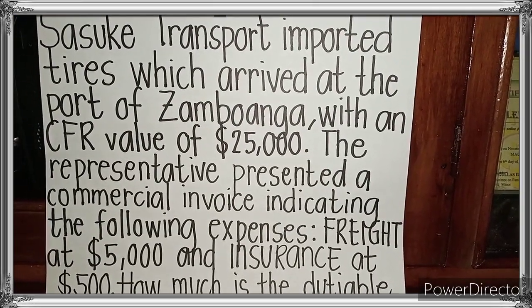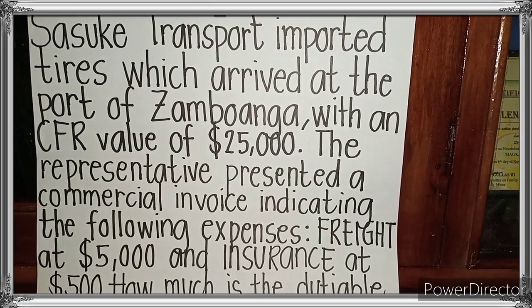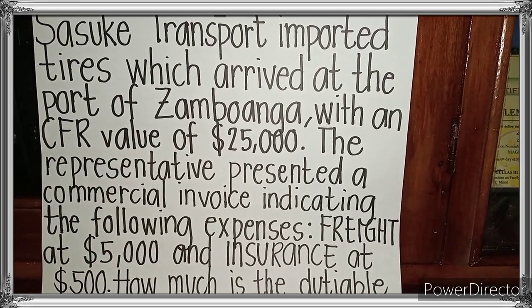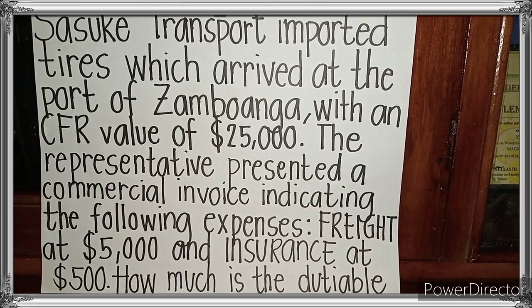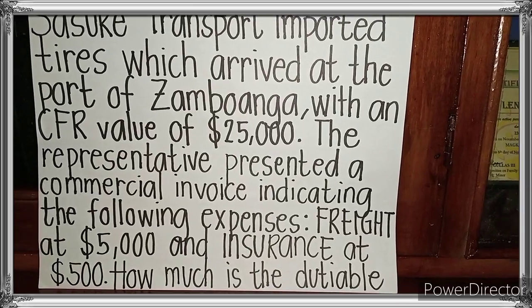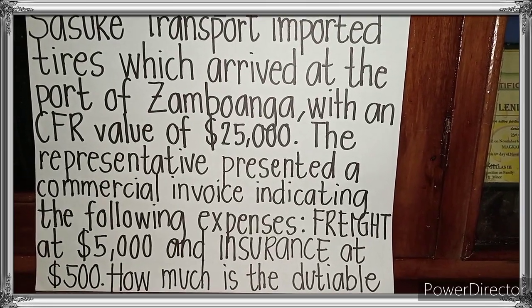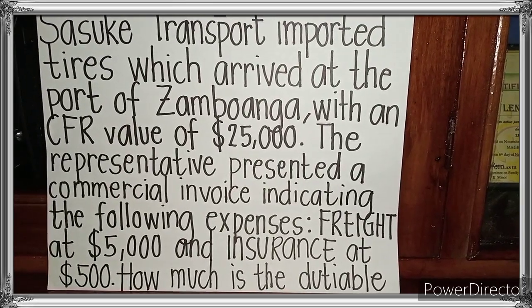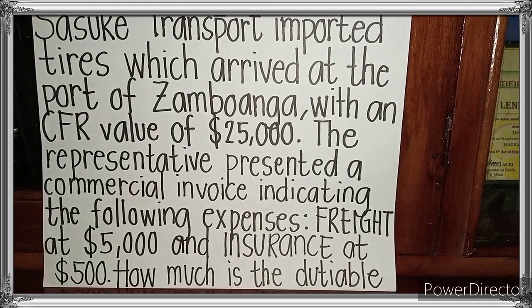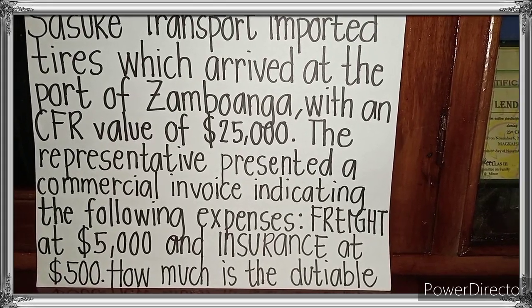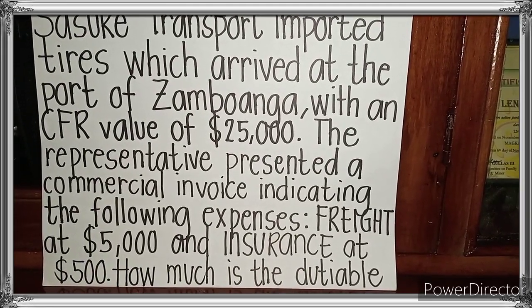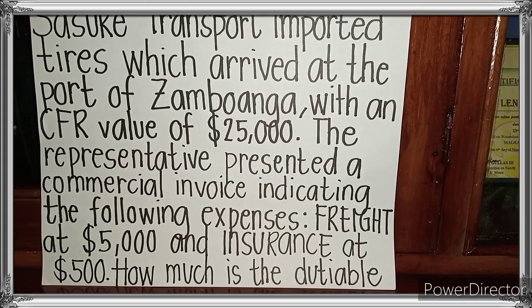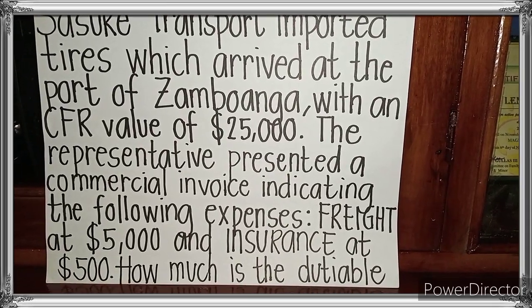Next problem, we have here Sasuke Transport imported tires which arrive at the port of Zamboanga with a CFR value of $25,000. The representative presented a commercial invoice indicating the following expenses: freight at $5,000 and insurance at $500.